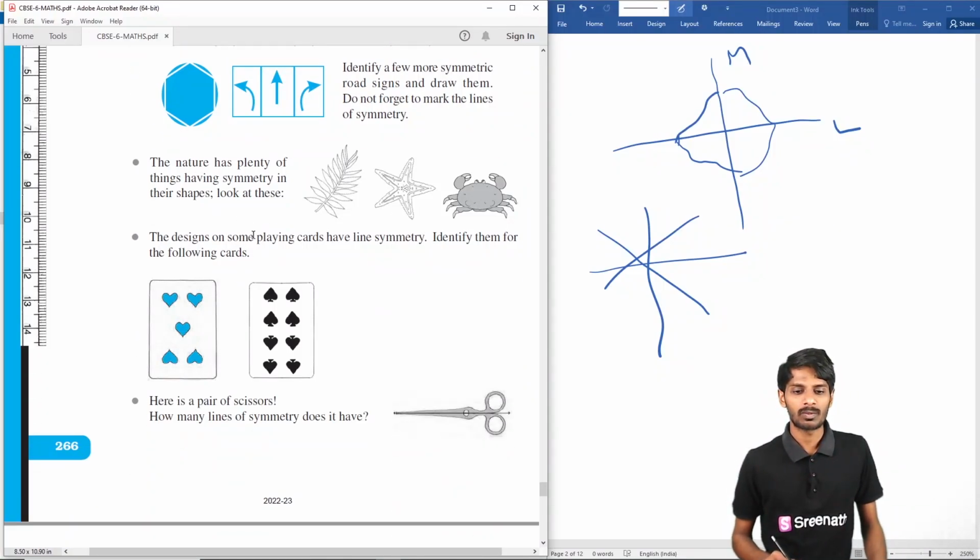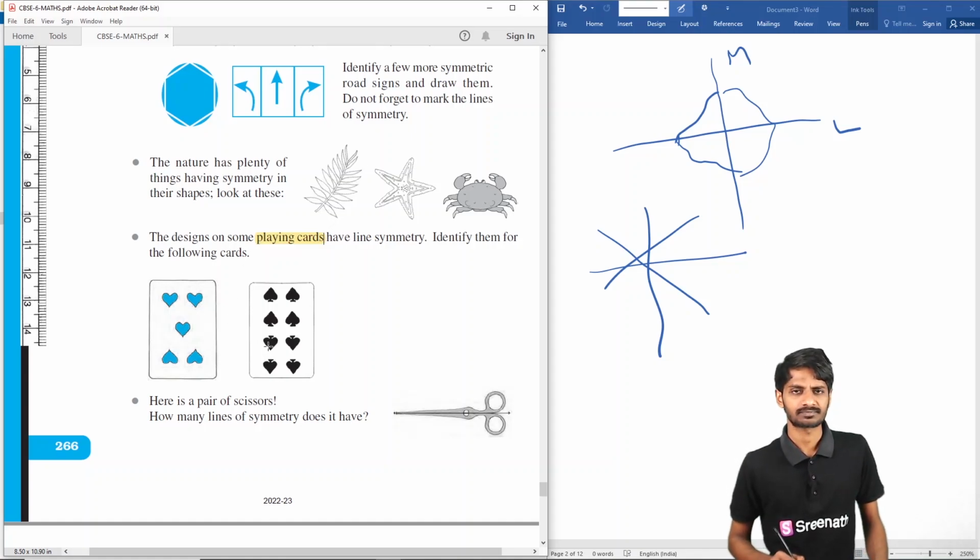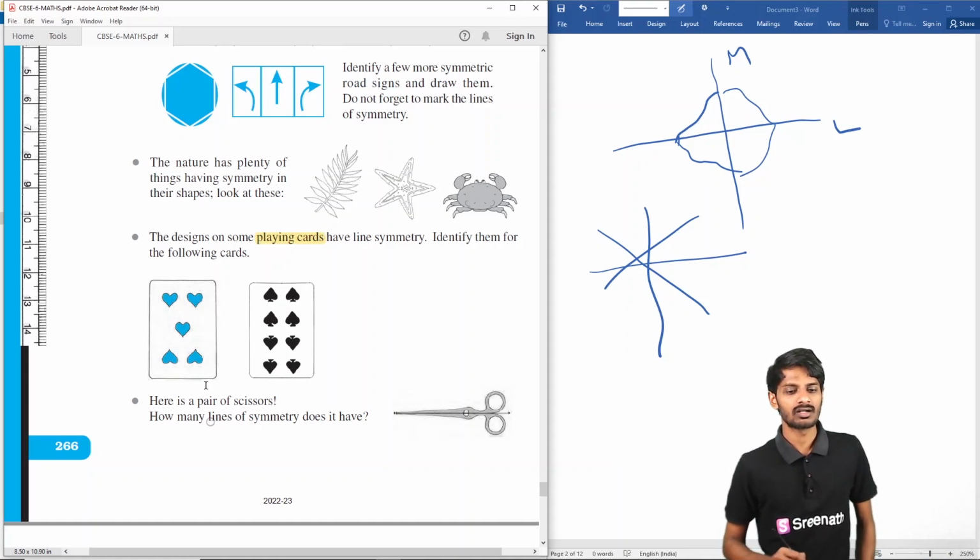Sometimes when you are playing with cards, they also have symmetry. Look at this card. It has symmetry. How many lines of symmetry does it have? It has 1 line of symmetry, not more than one.